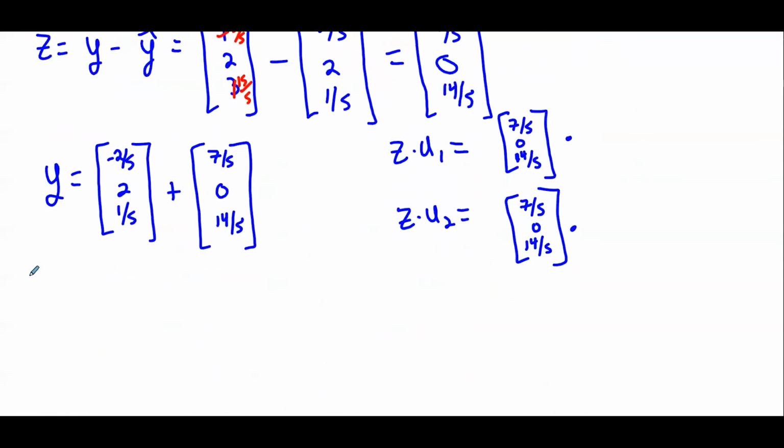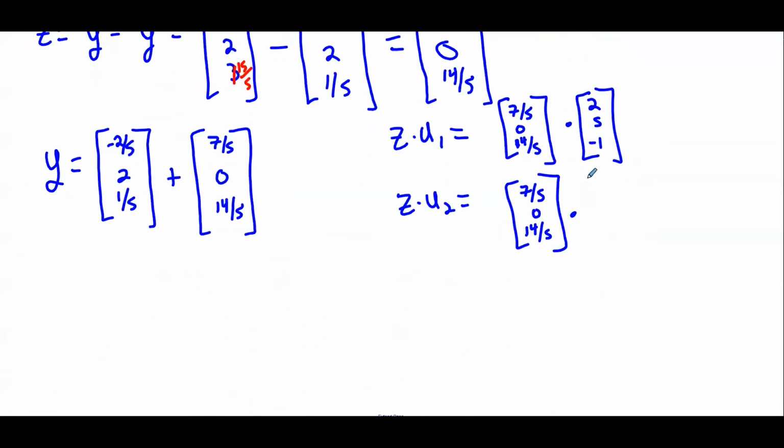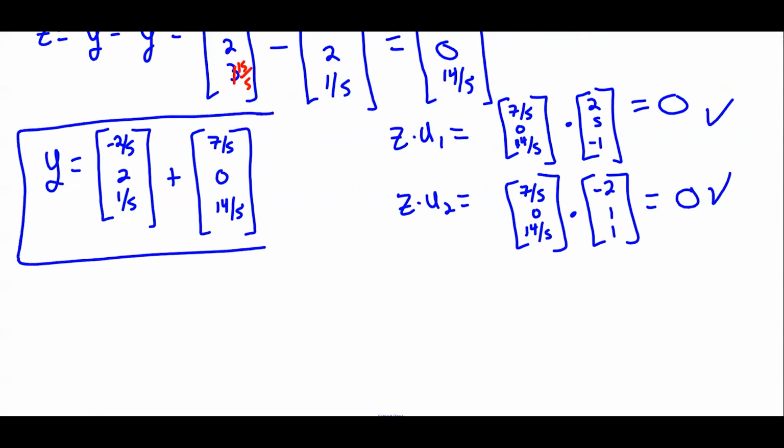So 2, 5, negative 1, and negative 2, 1, 1. So see here, I get 14/5, 0, and negative 14/5. So that is 0. And here I get negative 14/5, 0, and positive 14/5. That's also 0. So it checks out. Everything checks out. This is my answer here.